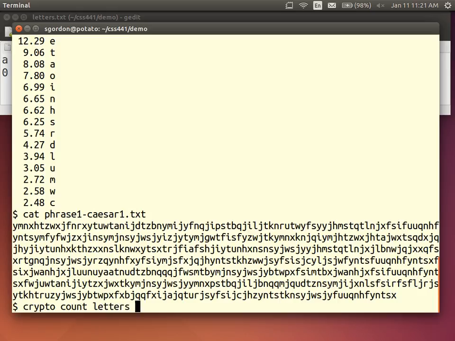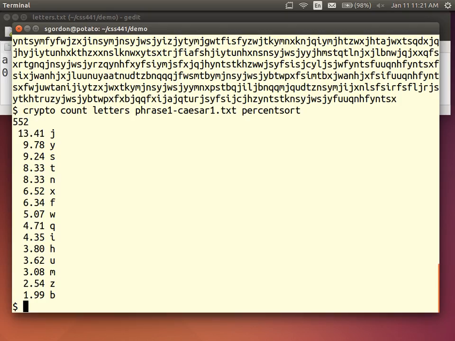Let's count the letters in our ciphertext, as the attacker. I count the letters in my ciphertext, which is shorter, and I see the most frequent letter is J, about 13% of the time. Y, about 9%. You'll see that these numbers are similar to the ones we saw before, but of course the letters are different. We had E and T. Here the most frequent letter is J.